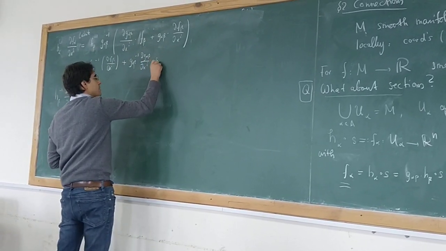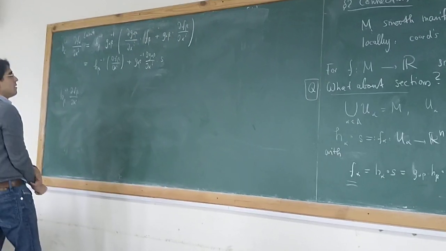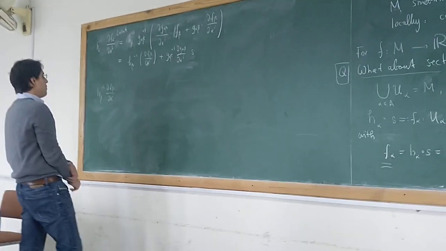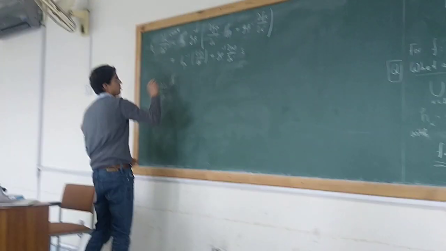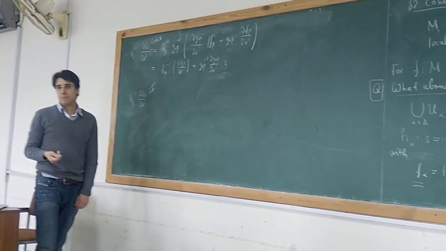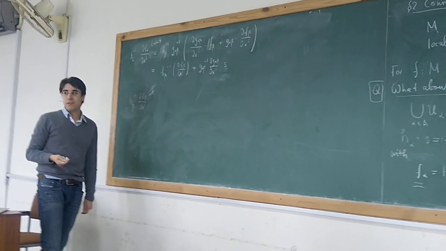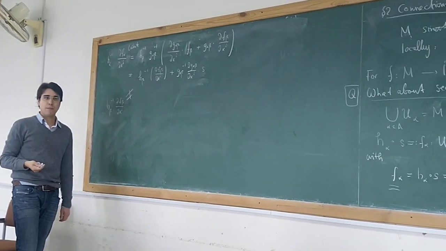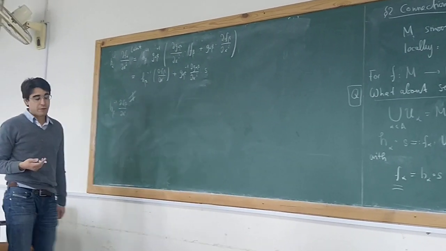This is simply S again. Right. So these are unequal, except when this is 0. Sometimes it is 0. Then you have what you call a flat connection. But in general, it's not 0.